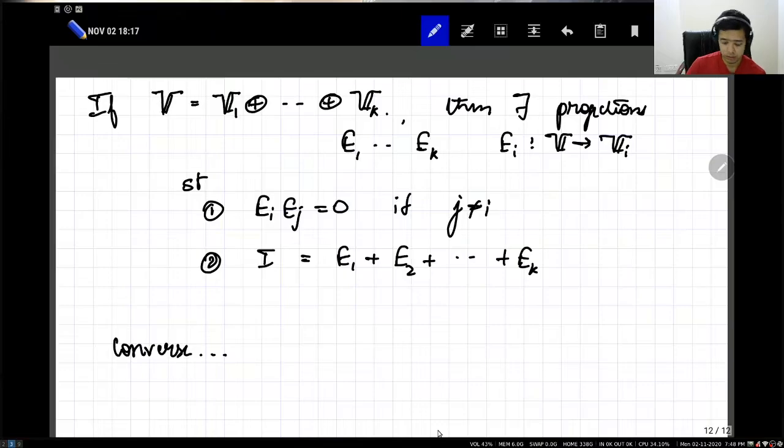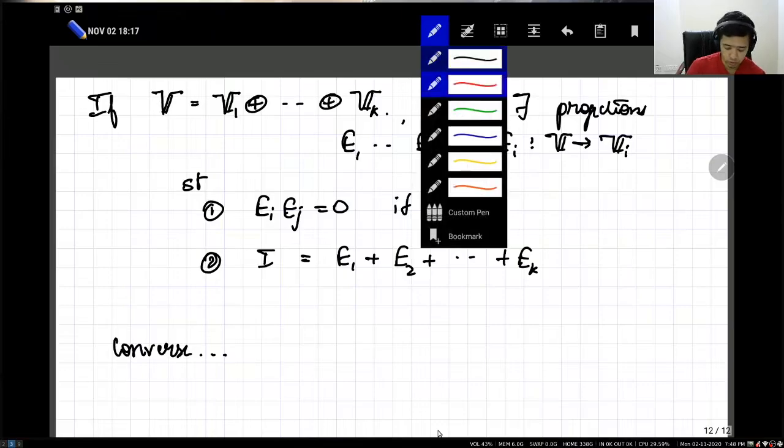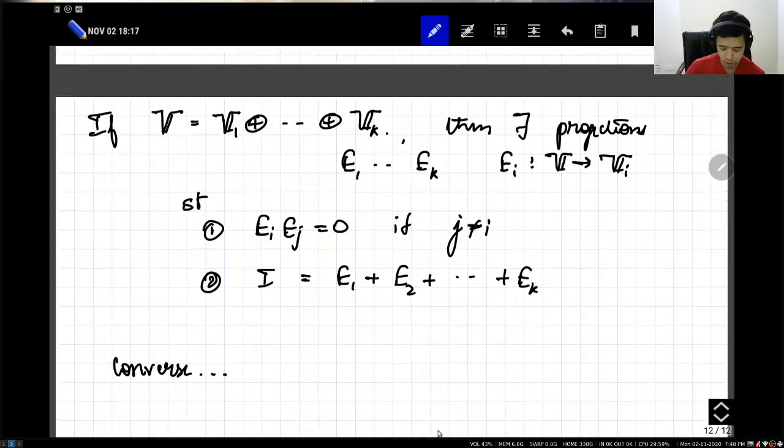And in fact, you can also prove a converse result. That's not too hard to show. Suppose that you have arbitrary projections E_1, E_2 up to E_k, where each E_i is a projection onto some vector space V_i.